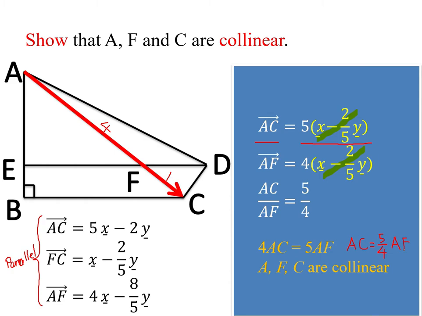To prove whether the points are collinear or not, we have to prove that the vectors are parallel. But do you think every parallel vector will be collinear? No, right? Not every time they are collinear. Okay, now I show you two examples here.